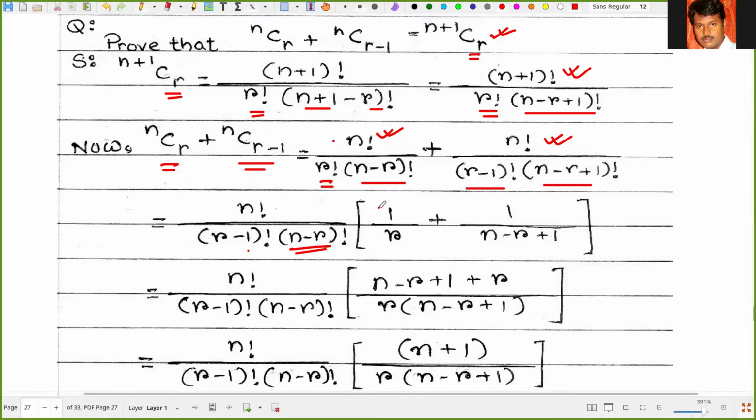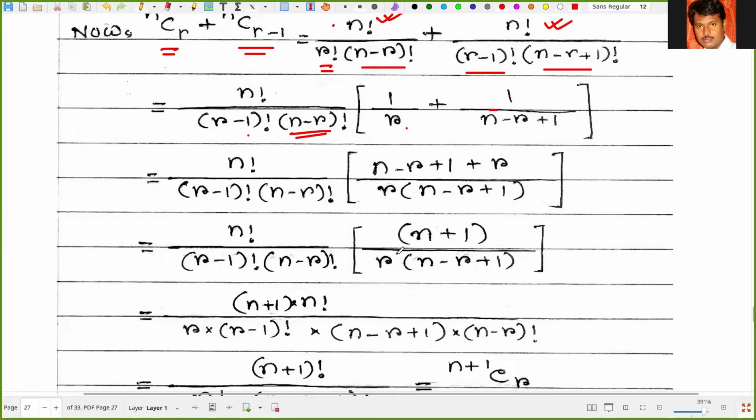That becomes 1 by r plus 1 by (n minus r plus 1). Just calculate it. That becomes r into the denominator (n minus r plus 1), and in the numerator (n minus r plus 1) plus r. We can cancel the plus and minus r, so the numerator is now n plus 1.